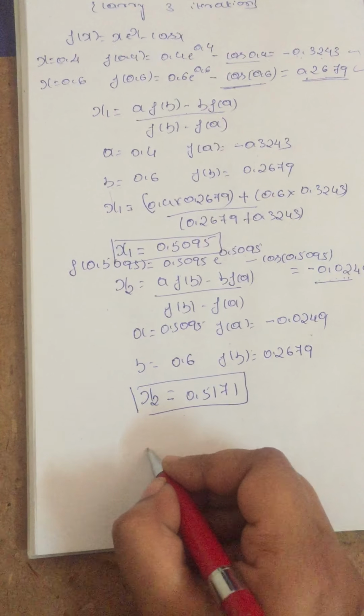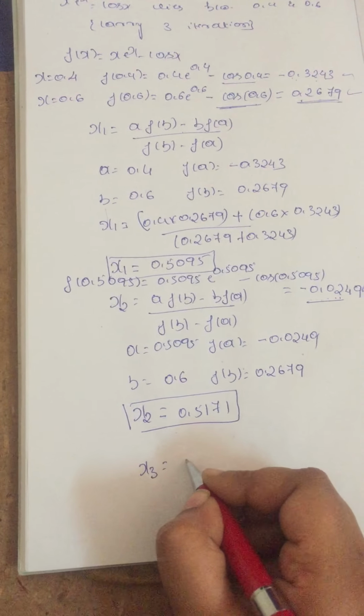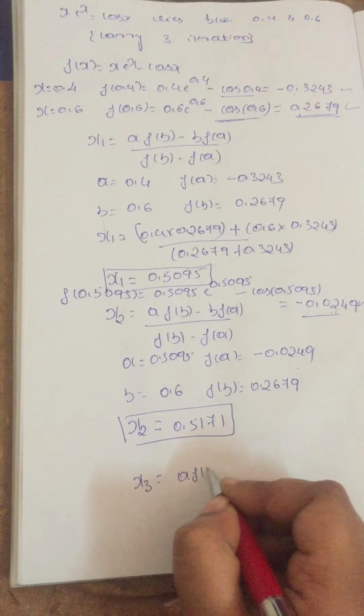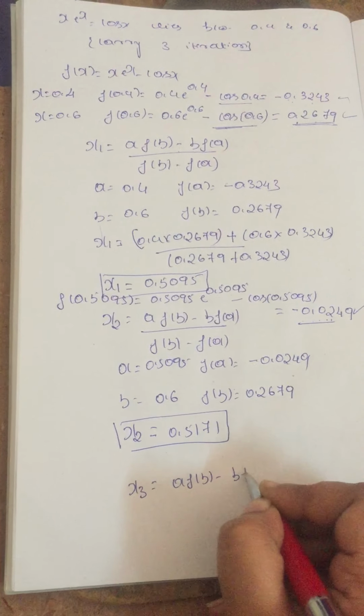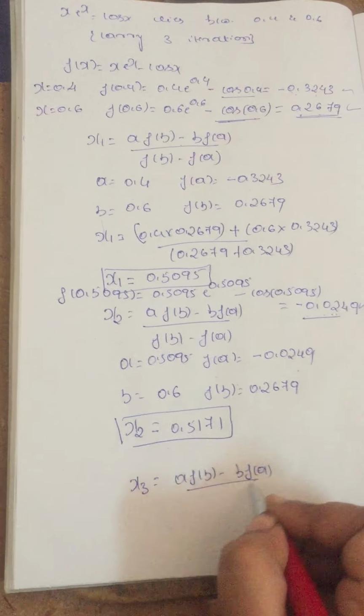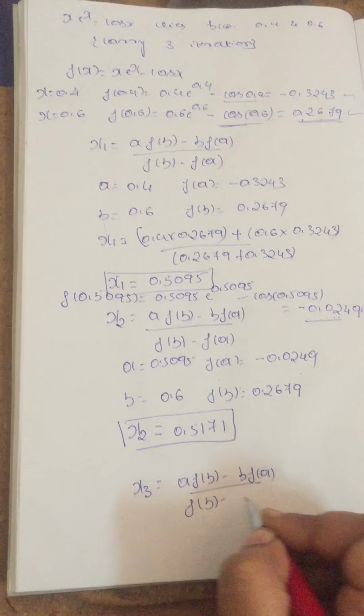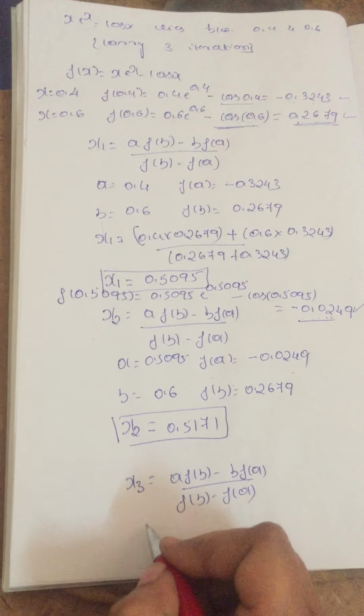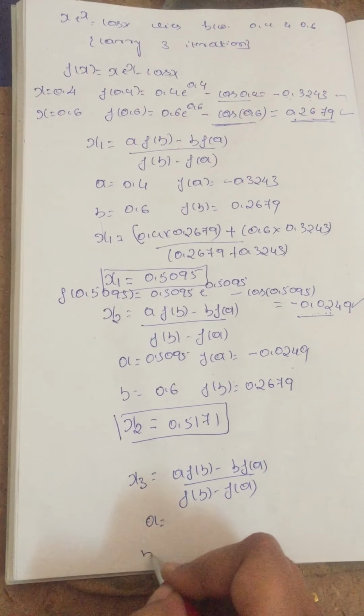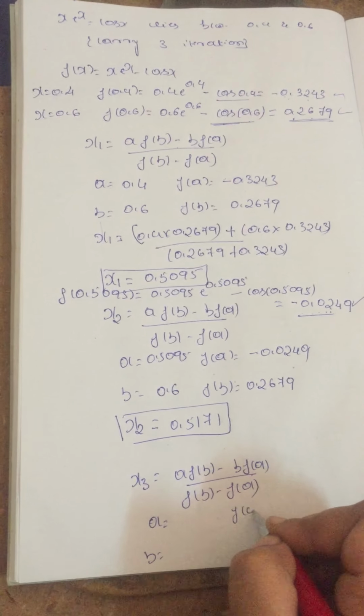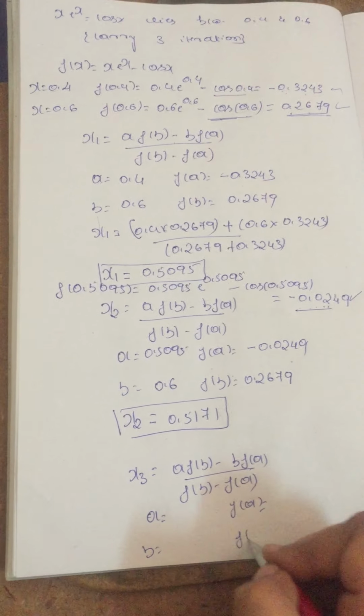So we go to the next iteration, that is x3. x3 is equal to a into f of b minus b into f of a divided by f of b minus f of a. So again we choose a, b, f of a and also f of b.